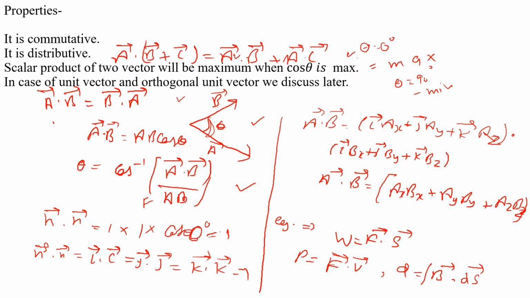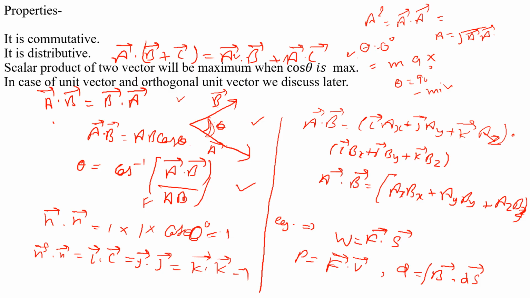Next, the scalar product of a vector by itself is termed a self-dot product. So we can also say a square is equal to a vector dot a vector, which is equal to a a cos theta, which is equal to a square. So the value of a is equal to the root of a vector dot a vector.